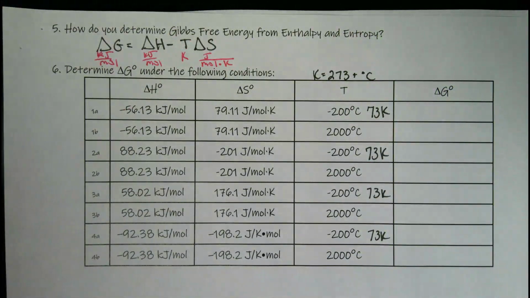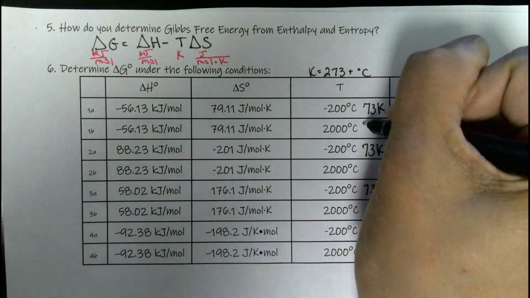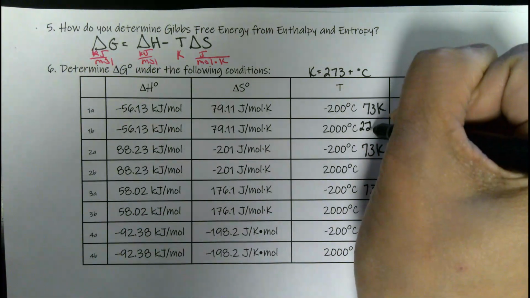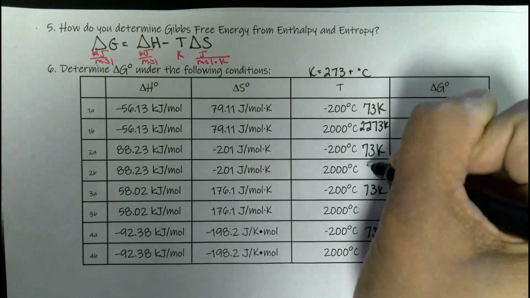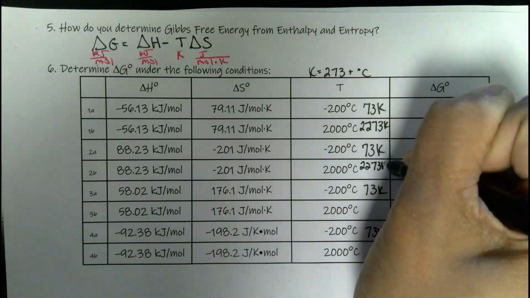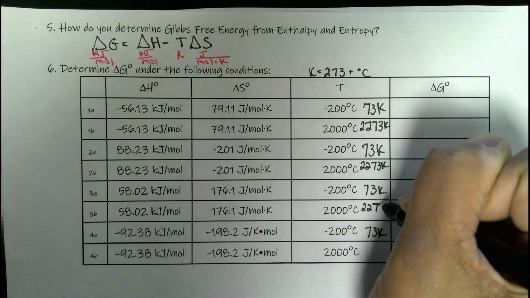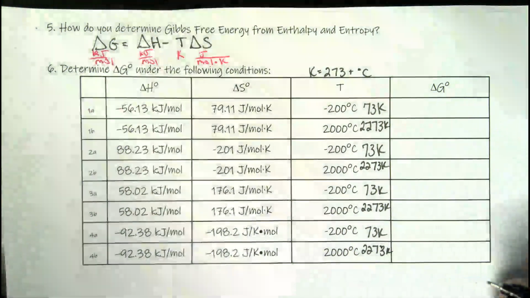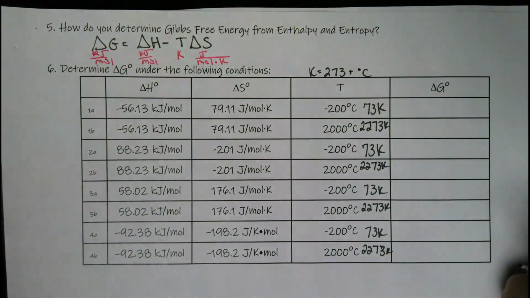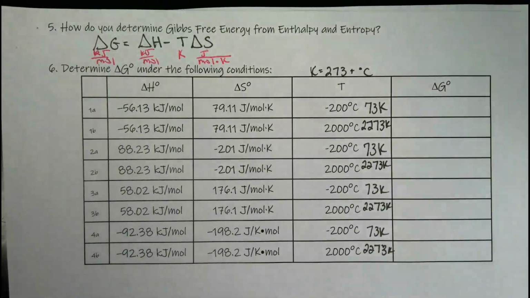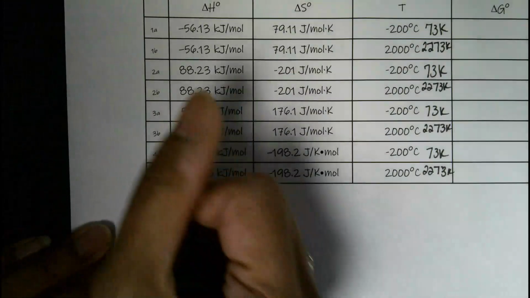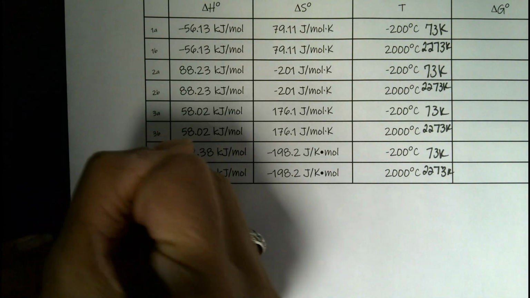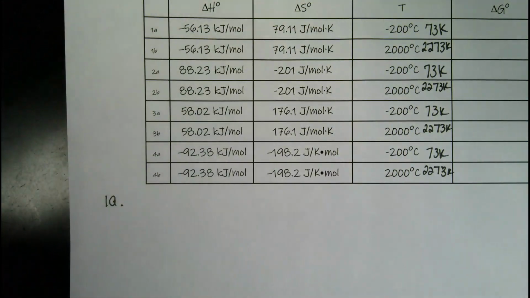And then 2,000, not even putting that in my calculator, 2,000 plus 273 is 2273 Kelvin. All right, cool. So again, make sure you have those properly written there. I'm giving you a bunch of space down here to work. If you need more space, go ahead and use more space.